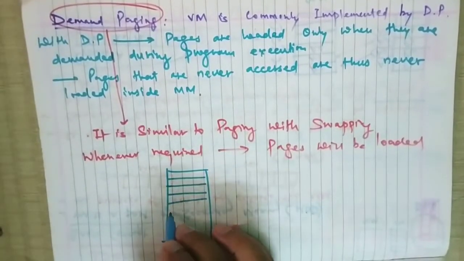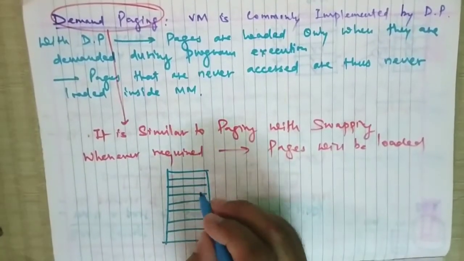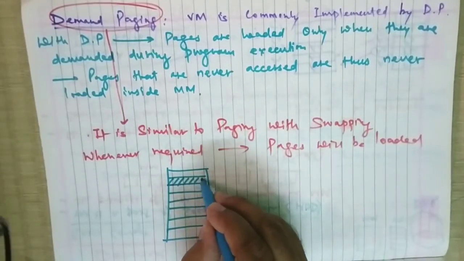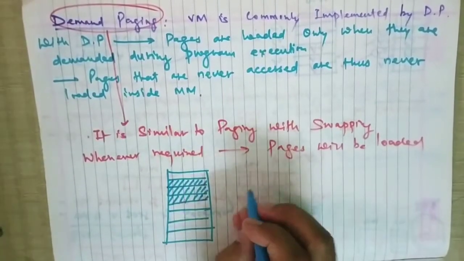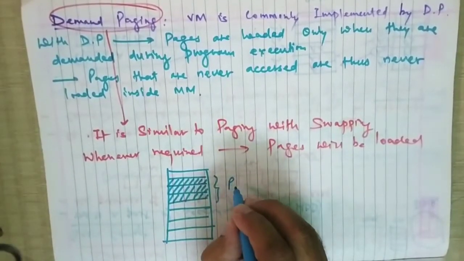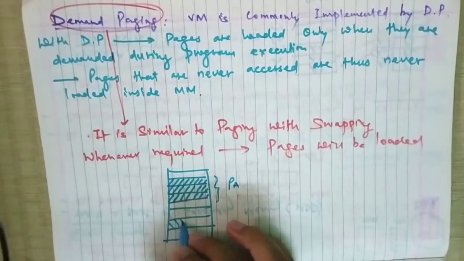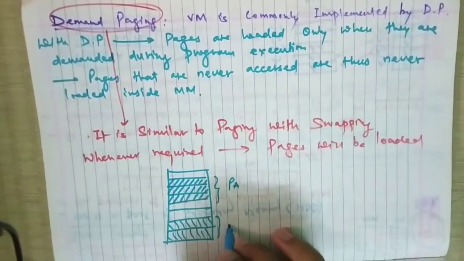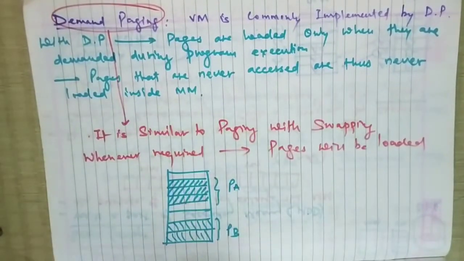Consider that these are pages 1, 2 and 3. Imagine this is program A, or process A, and this is process B, shown with another pattern. We have called them into the main memory.